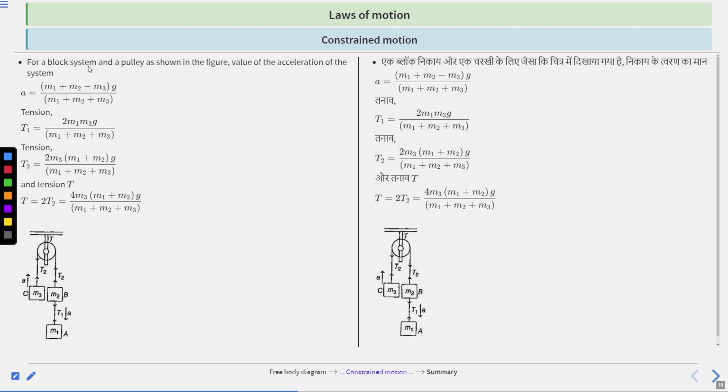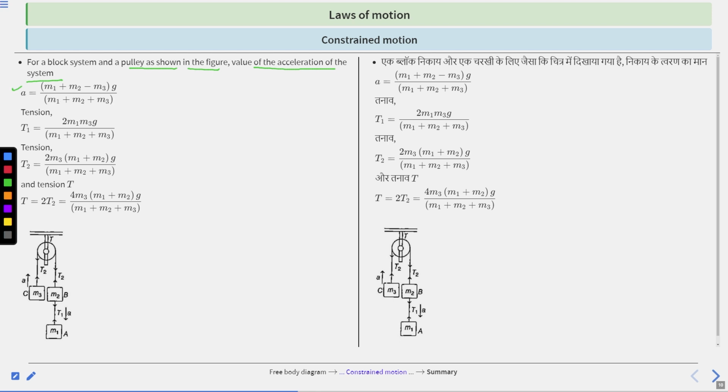For a block system and pulley as shown in the figure, the value of acceleration of the system A equal to (m1 plus m2 minus m3), because the acceleration is in this direction. Clear? That's why the minus sign is present. Multiplied by g divided by (m1 plus m2 plus m3).